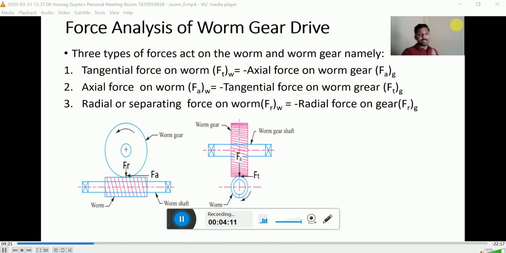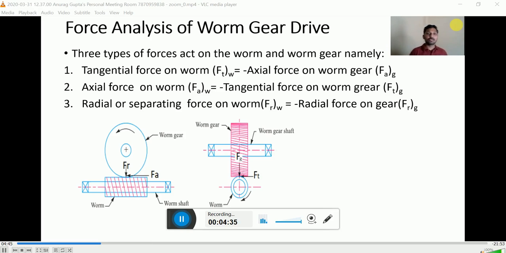Similarly, the radial force in the worm and the radial force in the gear are the same, so the radial force or the separating force on the worm is equal and opposite to the radial force of the gear. So this is the basic relationship between the worm forces and the worm gear forces.